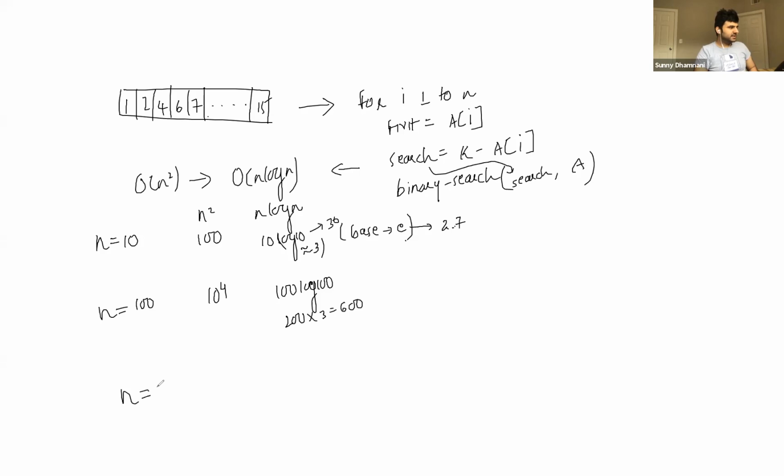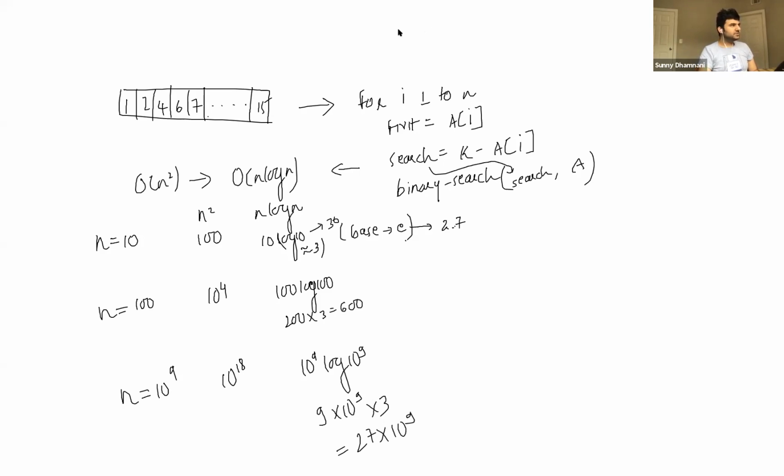Let's increase n drastically to 10 to the power 9. So n square will be 10 to the power 18, and n log n will be 9 into 10 to the power 9 into 3. This is 27 into 10 to the power 9.